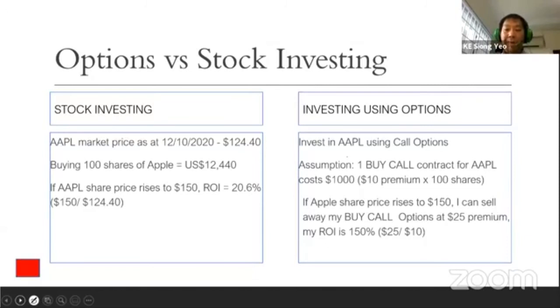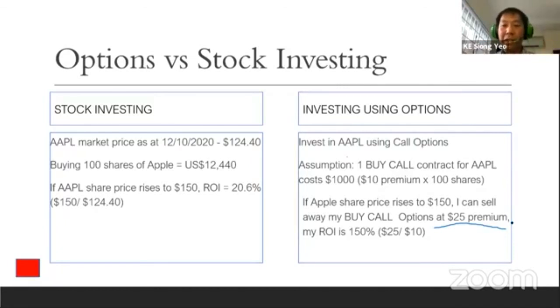Because call option prices move in tandem with the underlying stock price, if Apple's share price rises, your call option price will also increase. So let's say you buy at $10 and at the end of the year it increases to $25.